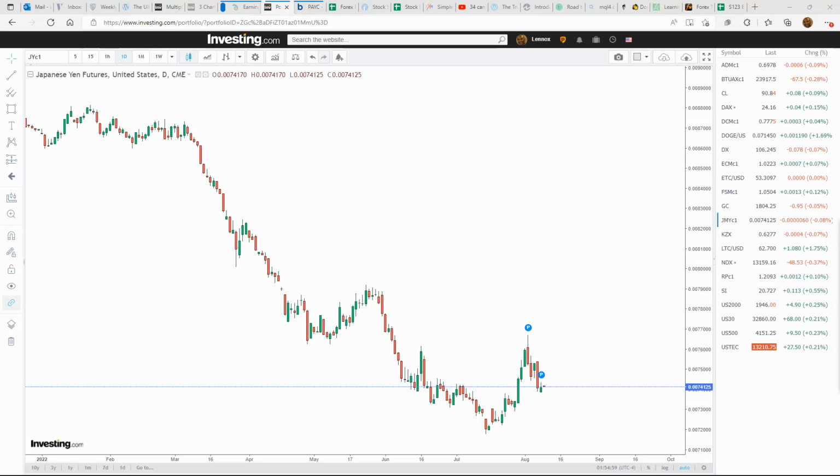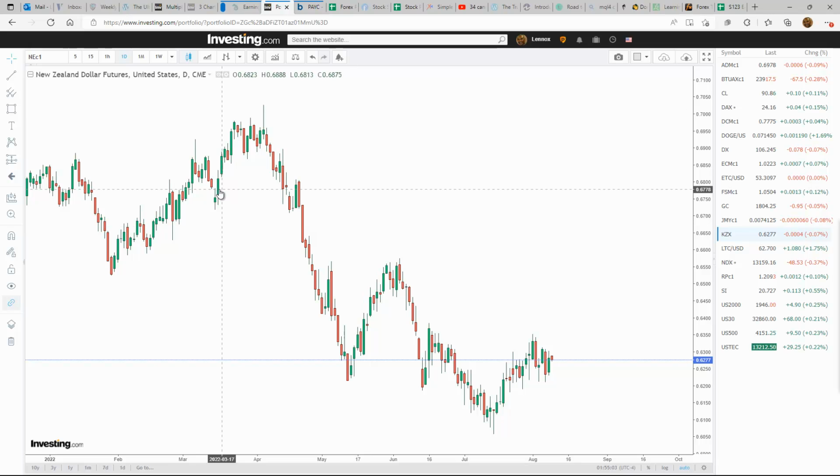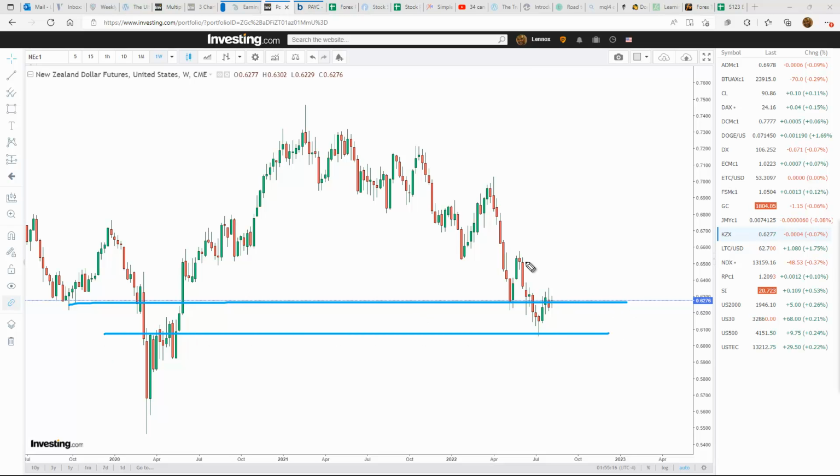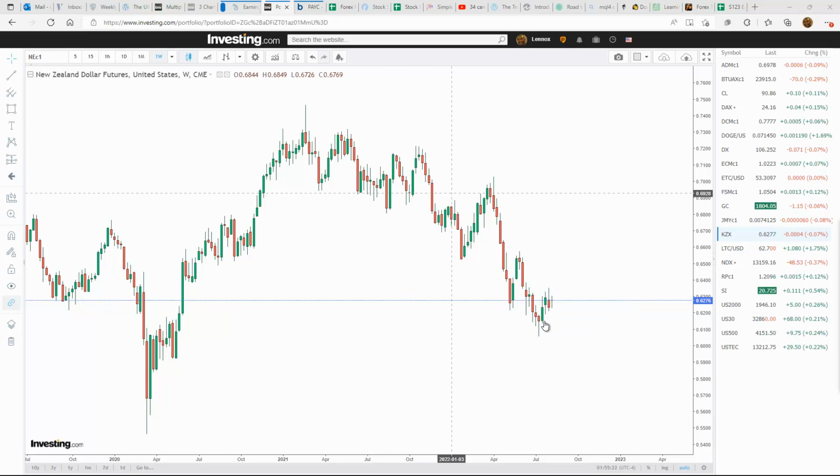Okay. New Zealand dollar would be similar to the Aussie, and again, sitting at a very interesting point here where we've broken through some support resistance back into this area. So we could be getting a little bit of a bounce, but it looks rather weak overall from this drop.